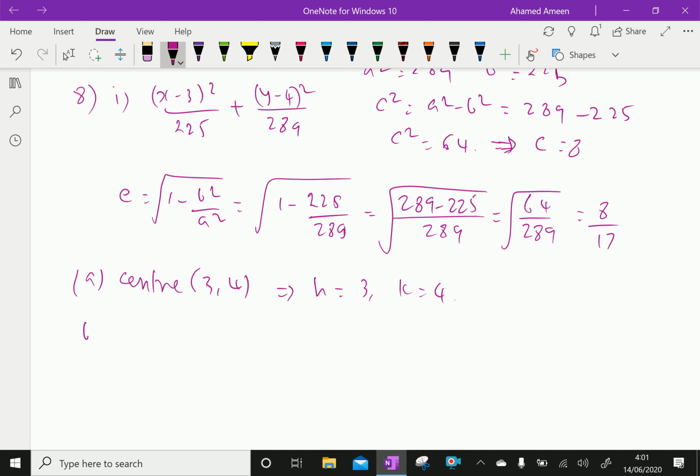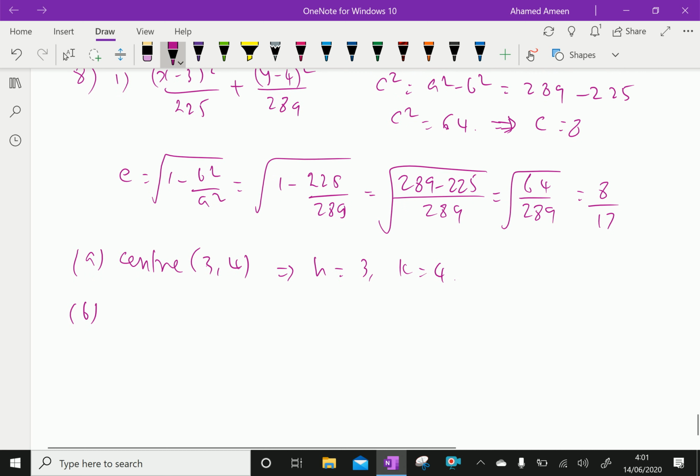Then the foci are (h, k plus c) and (h, k minus c).